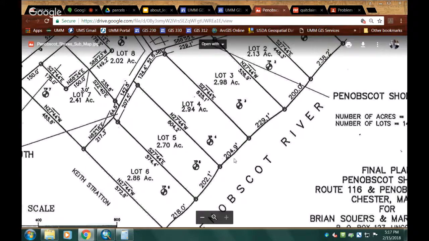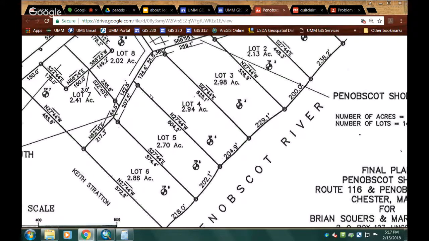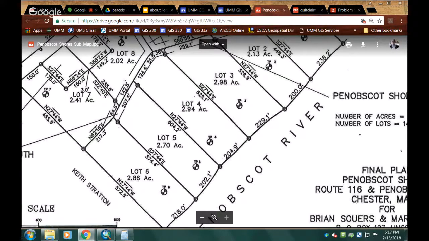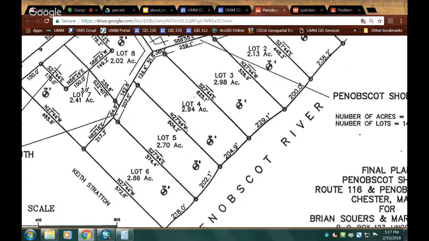Notice that they're opposites, which is one useful thing about using quadrant bearings, that they reverse. So north 27 degrees 44 minutes west is parallel to south 27:44 east. See that? Which is handy, and so it makes it easy to remember.